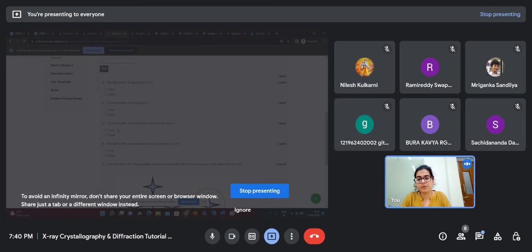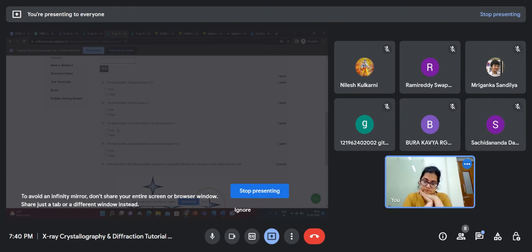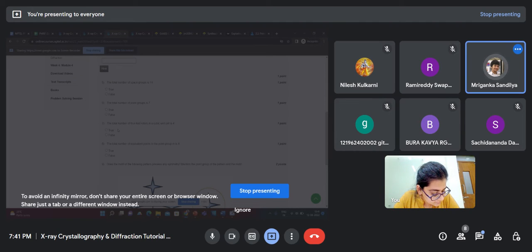So if we are considering a cubic unit cell, how many four-fold axes are present? Three axes. How?